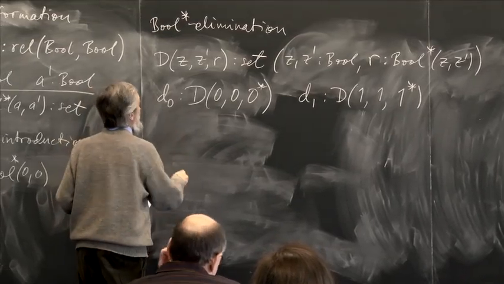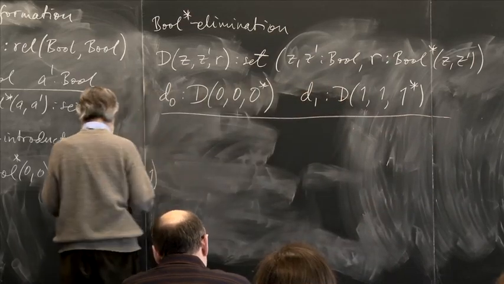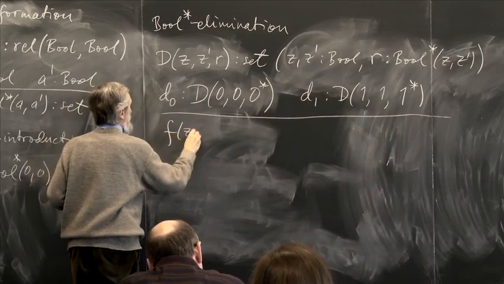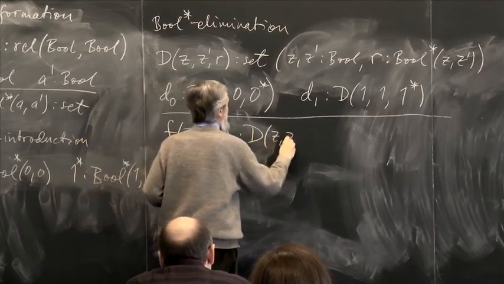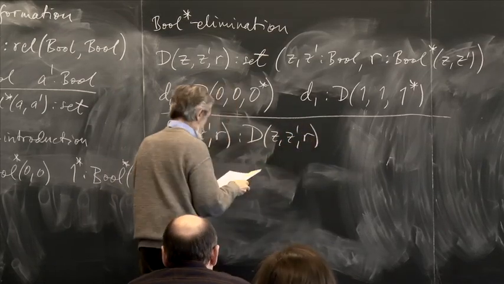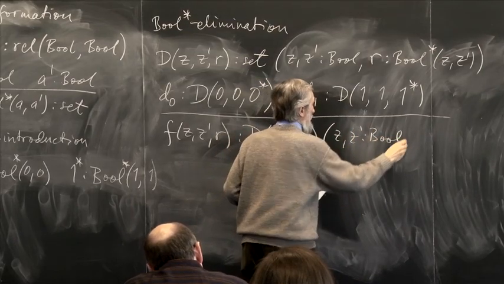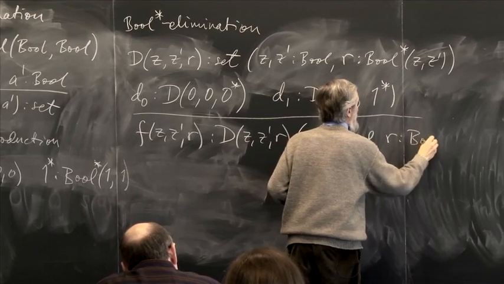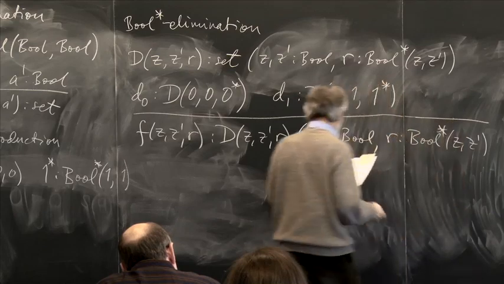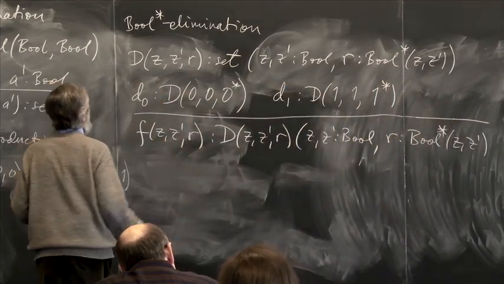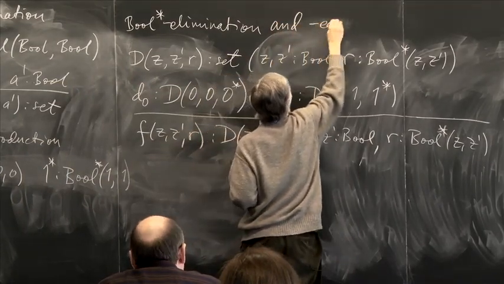Then we may define a function f, say, of z, z prime, r with values in capital D of z, z prime, r, for z and z prime in bool and r in bool star of z and z prime, by, so I'm now writing the elimination and equality rules in one go here.